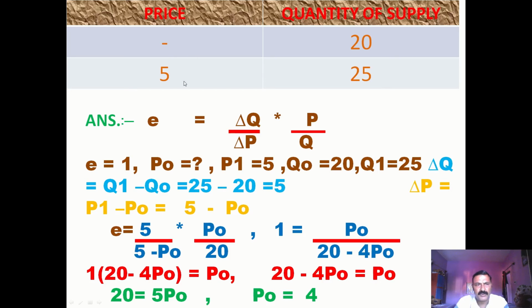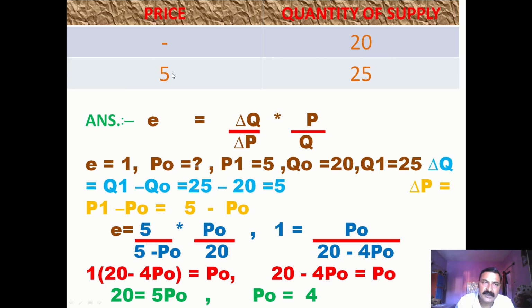Let's suppose it is P0. We have to find it, but our elasticity is 1. We must know the law of supply. As we know, if the quantity is lesser, the price is less, and if the quantity is greater, the price is more.